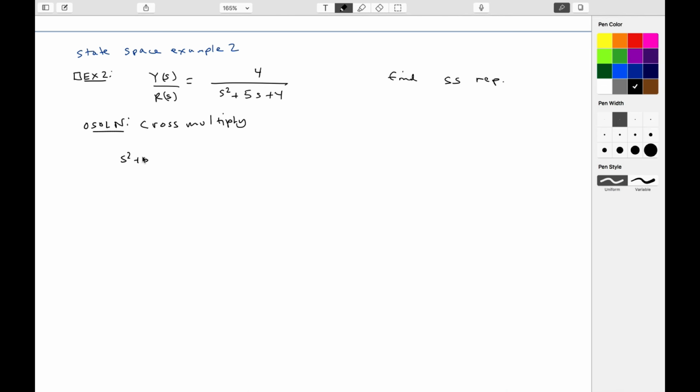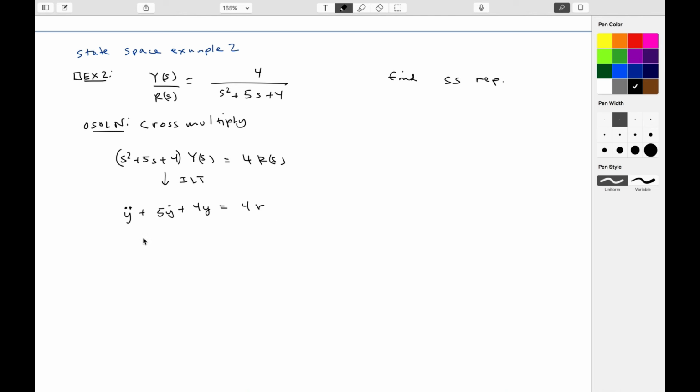So I'll have s squared plus 5s plus 4 times y of s is equal to 4 times r of s. Okay, then I would take the inverse Laplace transform, and what I'll get is y double dot plus 5y dot plus 4y is equal to 4r.